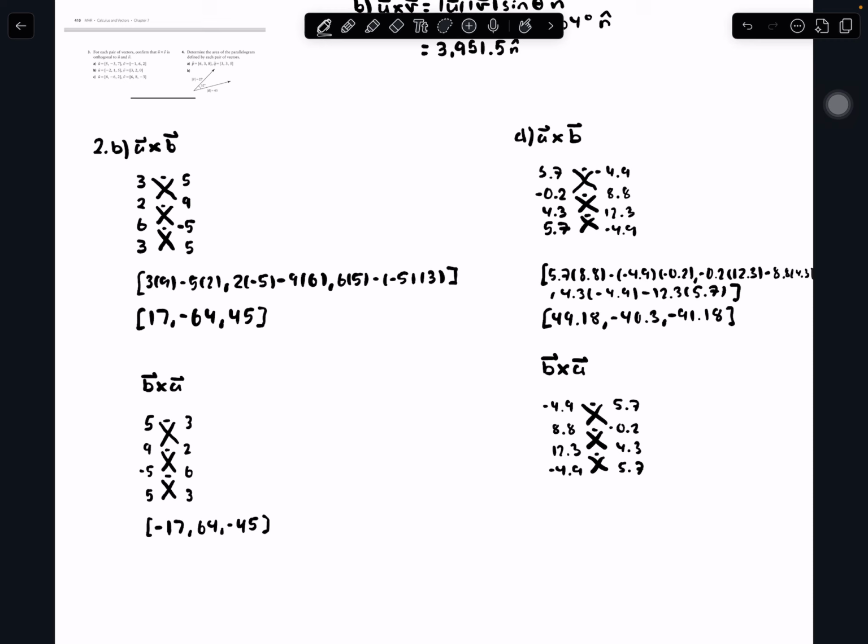Okay. And then the answer we get, repeating that over again, will be minus 49.18 plus 40.3 and then 91.18.